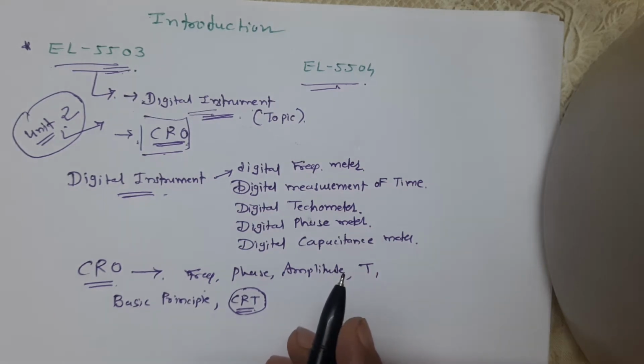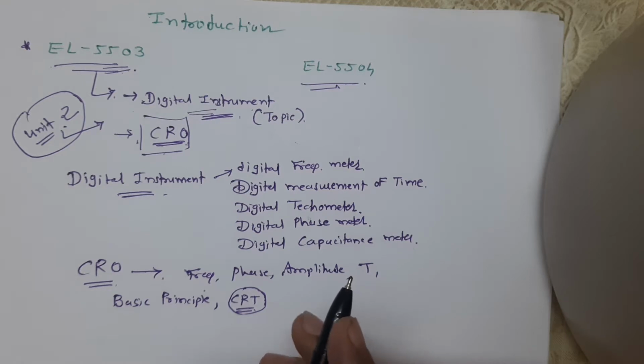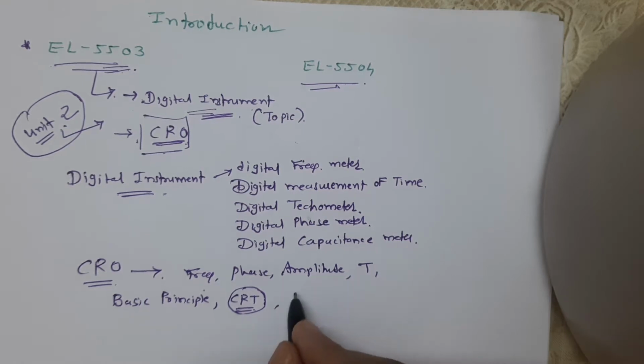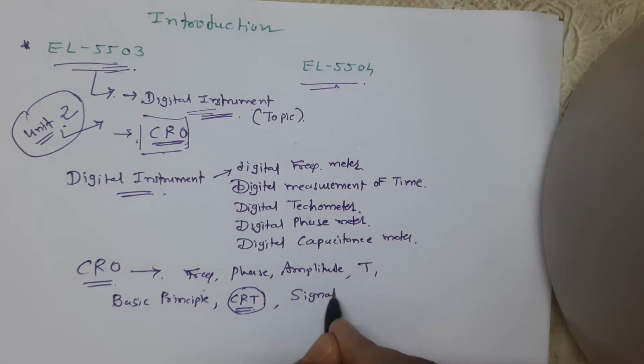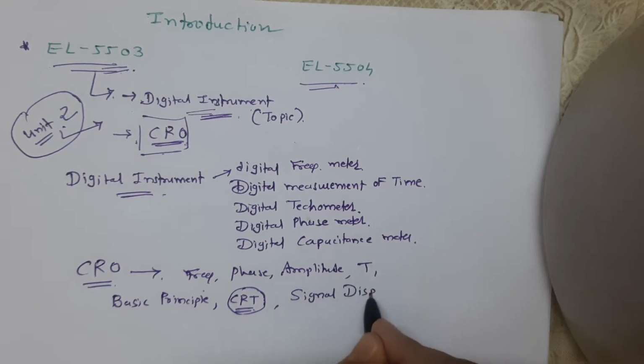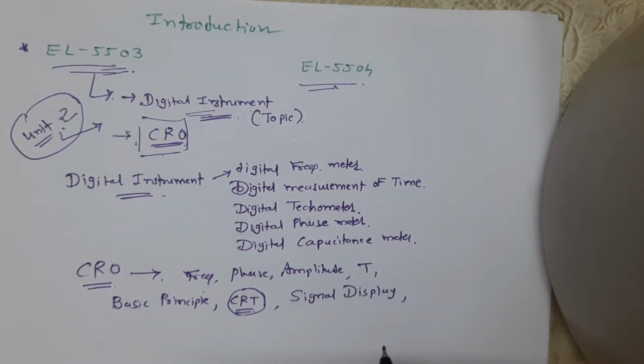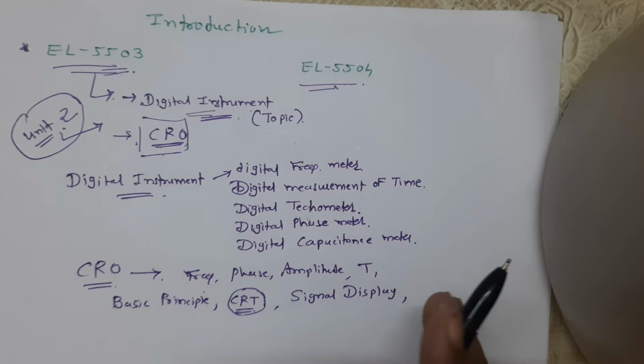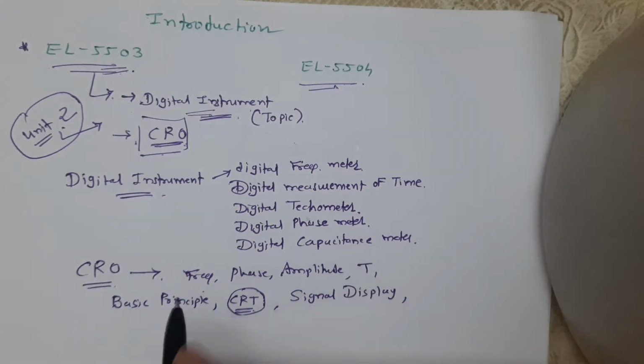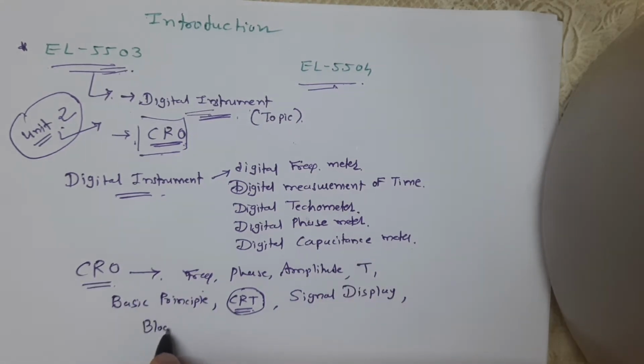Then we discuss the basic principle of signal display, how the signal is displayed on the screen of the CRO. Then the complete block diagram of the CRO.